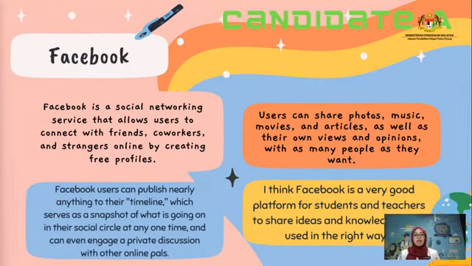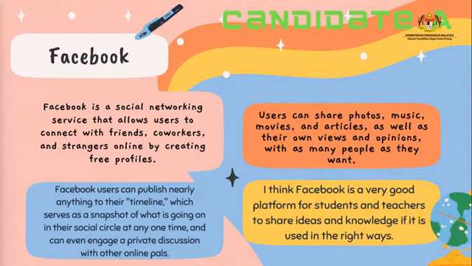Like, Facebook is a social networking service that allows users to connect with friends and co-workers. If they have read about this, at least they have some ideas. Let's say a question is asked on other social media like Instagram and so on. At least they have some background knowledge about social media. So this is the idea of doing this activity with our students.